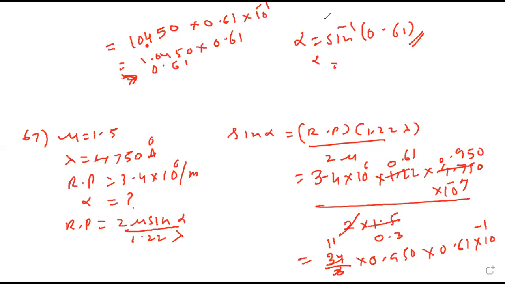The alpha here is 32 degrees 34 minutes. In the exam, generally they will give you this value. I have not written 45 because it is not close to 0.7, it is close to 0.5.